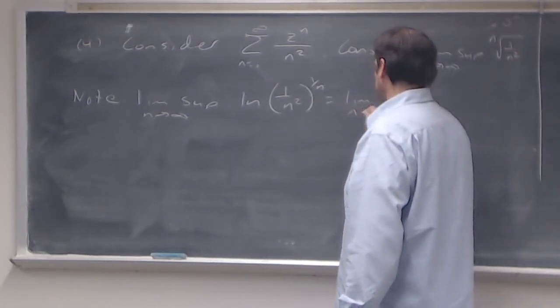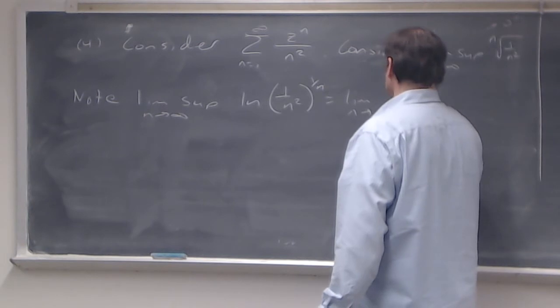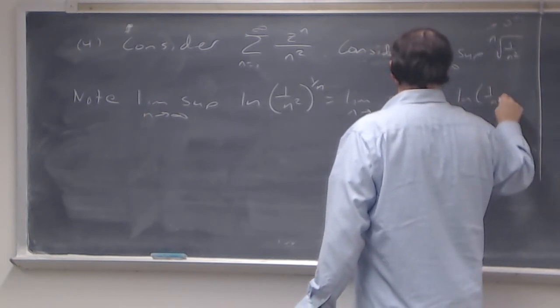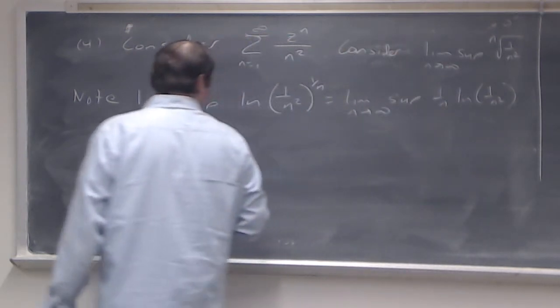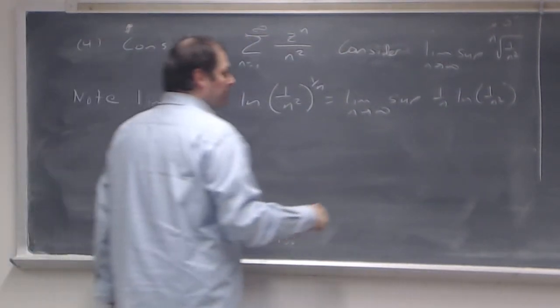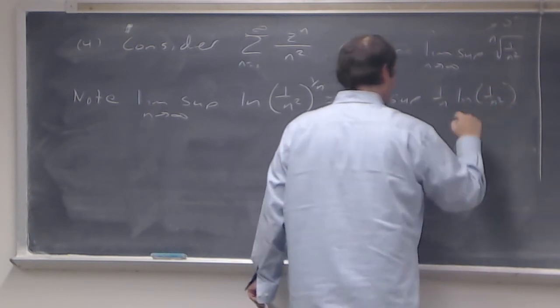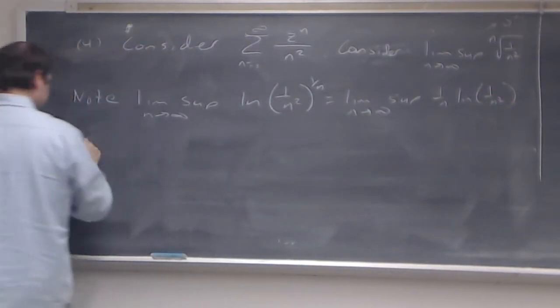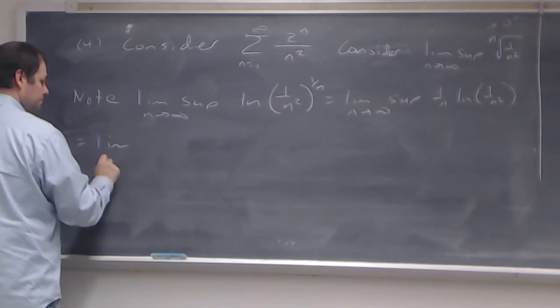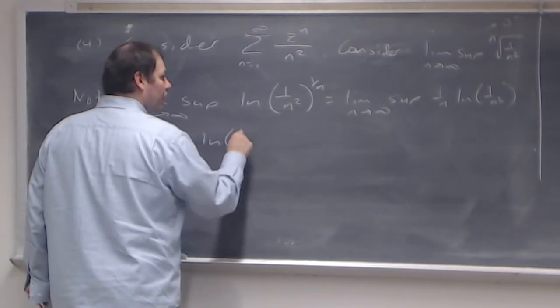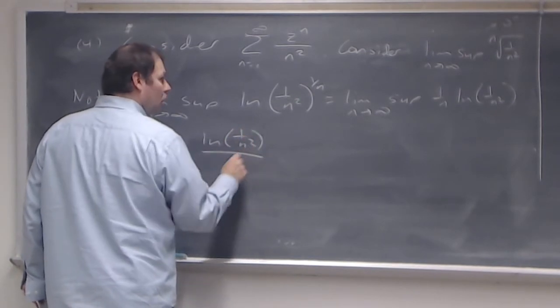It's the lim sup of 1 over n times ln of 1 over n squared. And then here, this looks like 0 times minus infinity, which I'll rewrite as the lim sup of ln of 1 over n squared, over n.